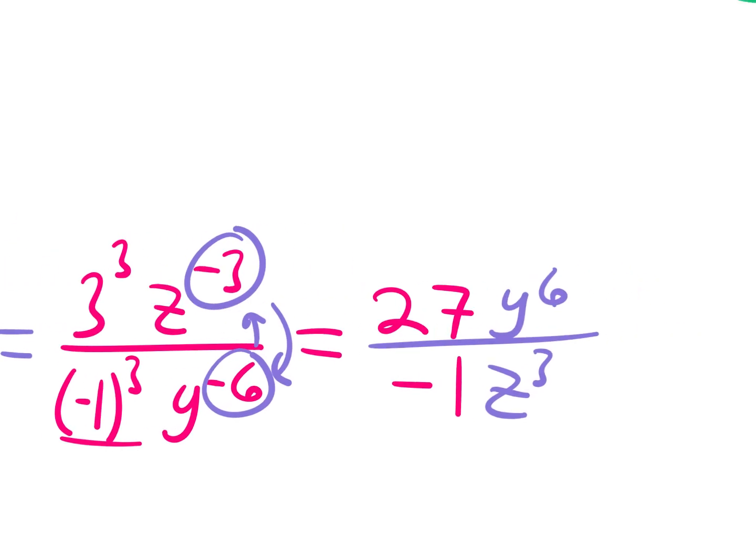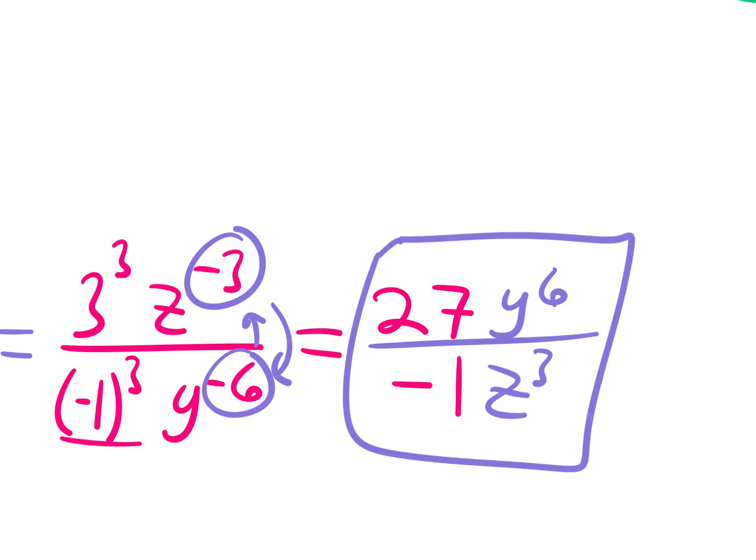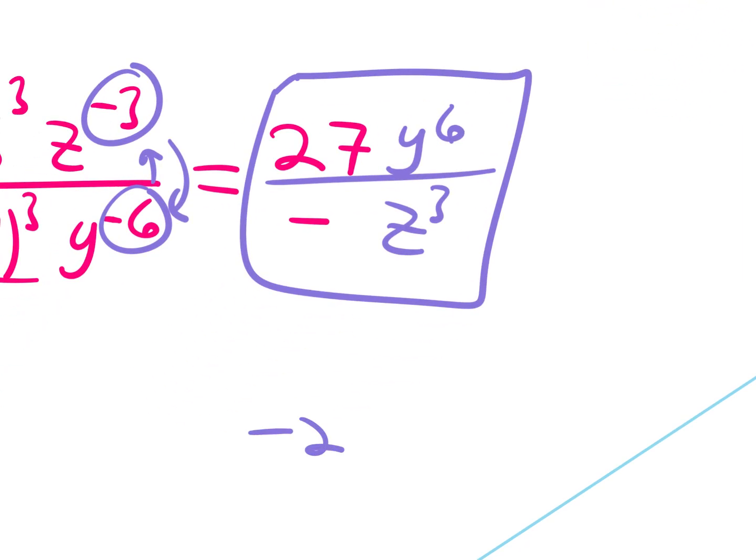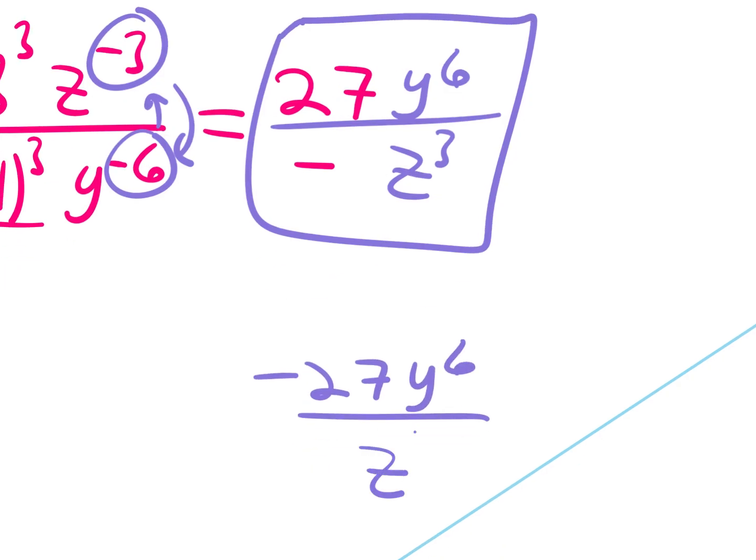Is there anything left to do here? No. It's fine like that. You can have the negative 1 there. That's fine. If you want to erase it, that's perfectly fine as long as the negative doesn't disappear. That's another thing. It doesn't matter where the negative is. If you got negative 27, y to the 6, over z to the 3rd, that's also fine.